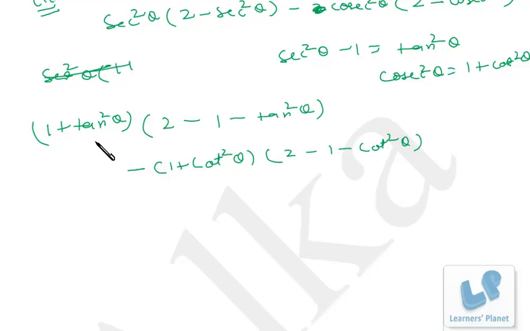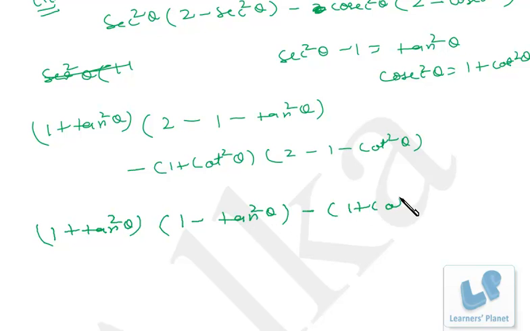Now this is 1 plus tan square theta, and this is 2 minus 1, so it is 1 minus tan square theta. Here 1 plus cot square theta into, this is 1 minus cot square theta. So this is a plus b into a minus b and a plus b into a minus b.